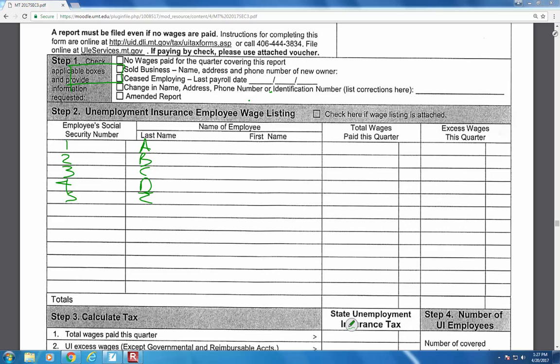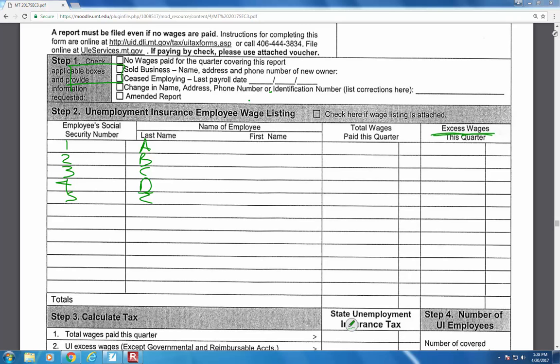I'm going to put some data up on the smartboard, and then we're going to use that to bring it into here, because this is the third thing you need to do for assignment 2: fill out one of these. Total wages paid this quarter, and excess wages this quarter.